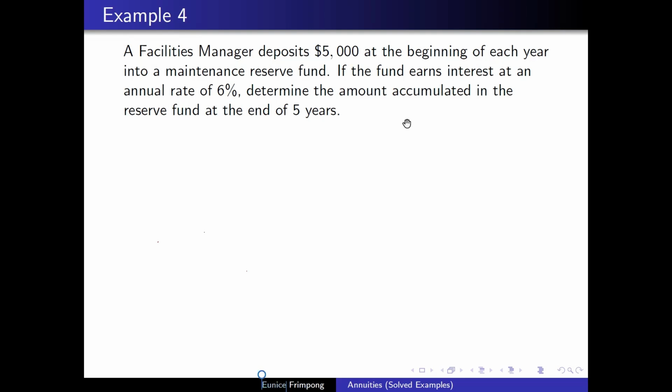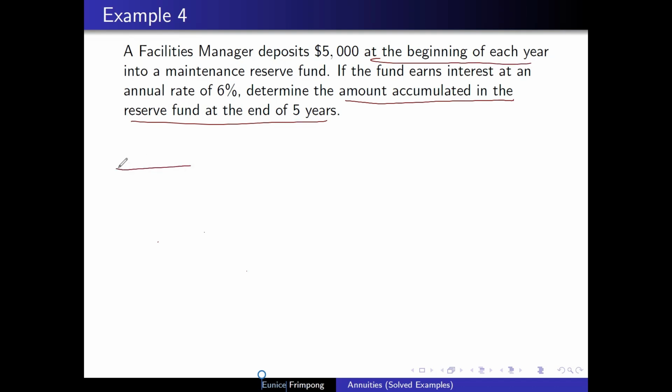So we can see here some keywords. Amount accumulated in the fund at the end of 5 years. So we are looking at future value. And we are saying that the manager deposits 5,000 at the beginning of each year. So we are looking at annuity due.